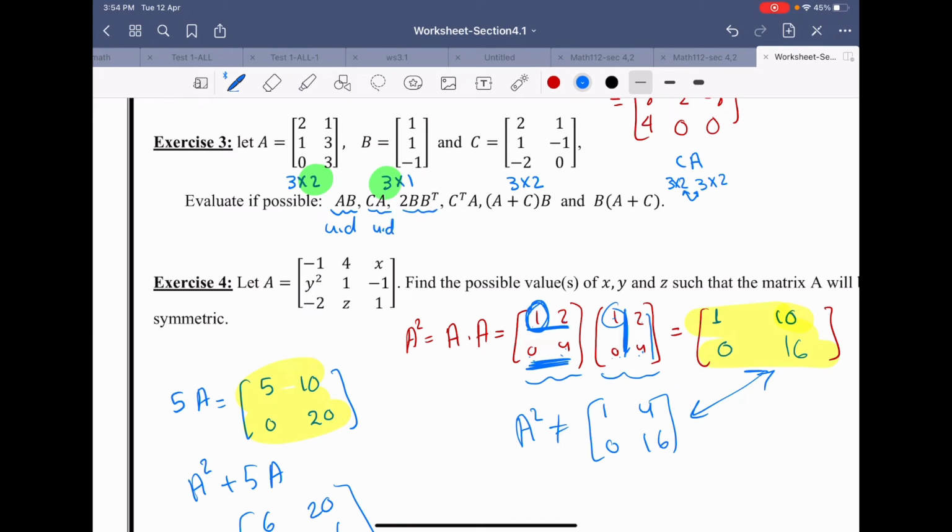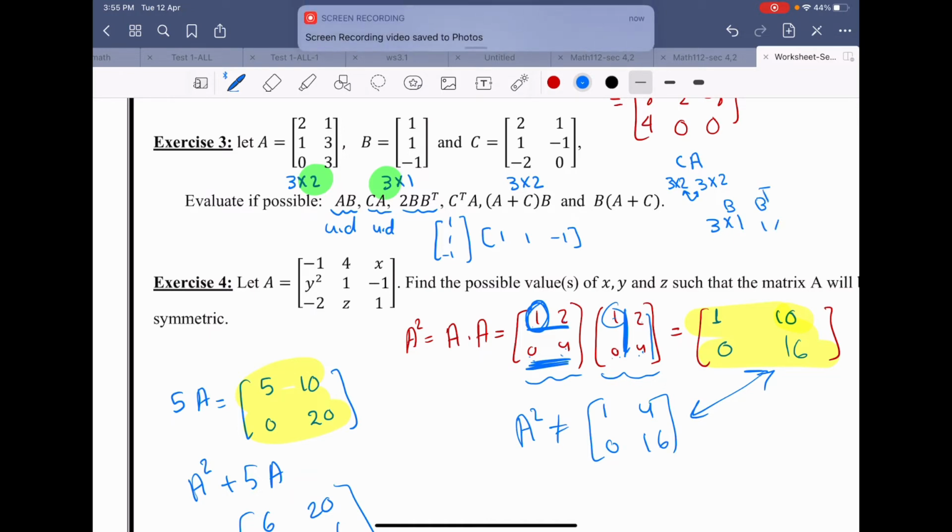Okay, let's see 2B times BT. 2B is 2, 2, negative 2 times BT, which is 1, 1, and negative 1. As you know, B is 3 times 1, while BT would be 1 times 3.